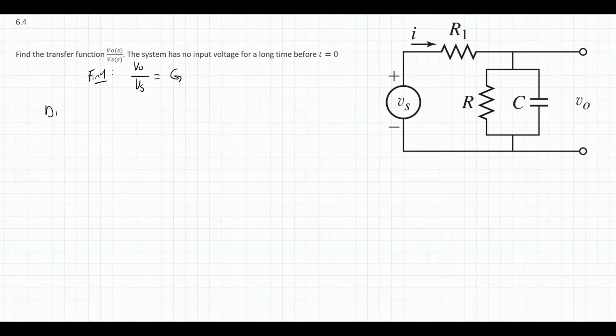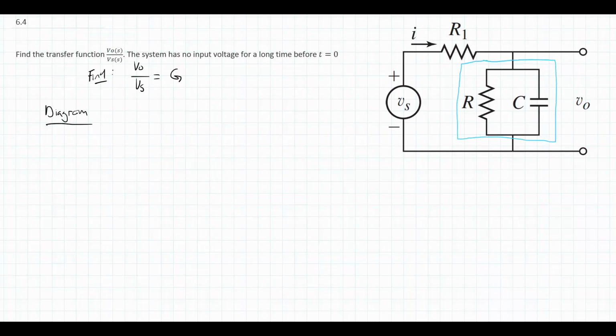Now here, my diagram I'm going to make a little bit different than what we saw in previous examples where I basically just copied the same diagram over again. This is going to be a simplified version of the diagram because I'm going to employ an impedance block. So if we see here, this resistor and capacitor, I can simplify this by grouping them together and call it a single element that will be my impedance.